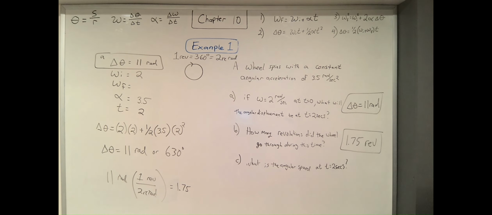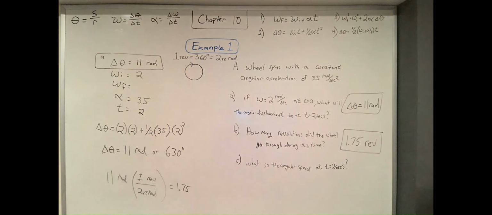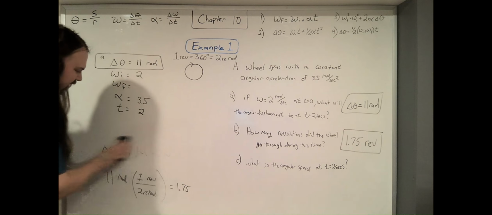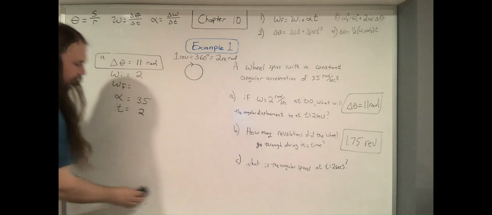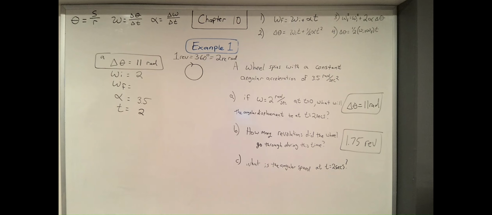And finally, part C says, what is the angular speed at 2 seconds? Well, to determine the angular speed, we have to come back over to our table. We're not done with our table, so we have to finish it out. The only thing left to do is figure out what the final speed is, the angular speed at the 2 second mark.